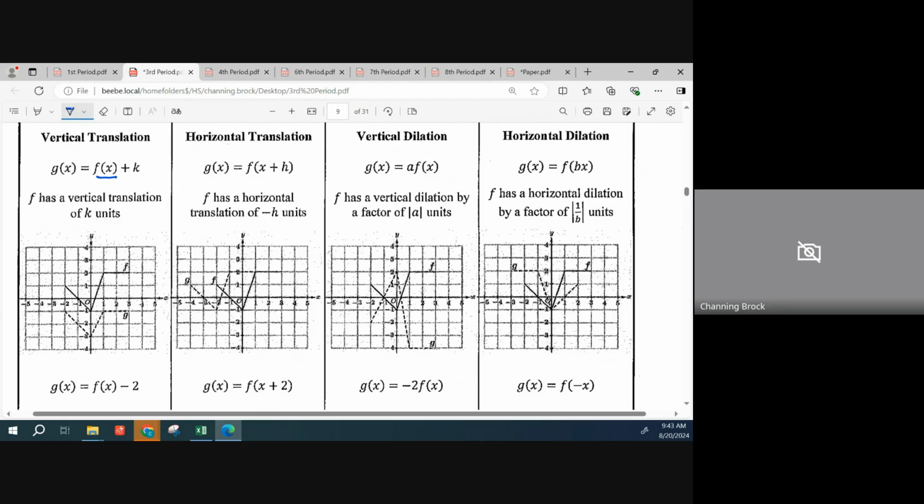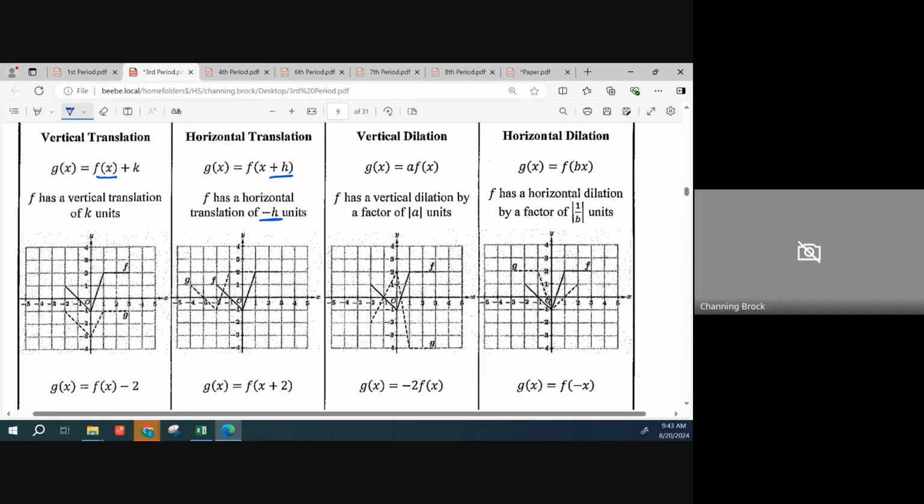We know horizontal translations happen on the inside, and that's going to move it left and right. But we also know that it's going to occur opposite of what we see. So if we see that it's added, it's actually going to move it to the left versus to the right. So all these things are as they should be.